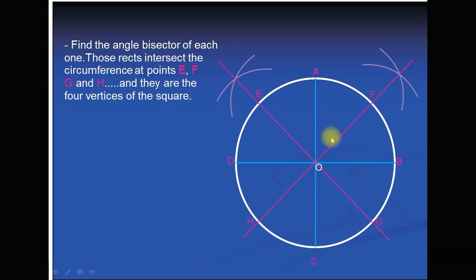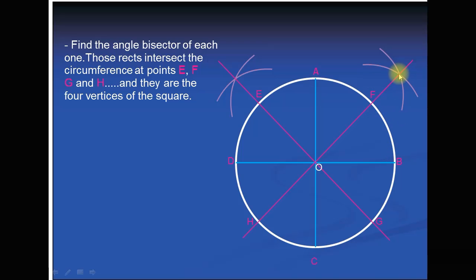Similarly for the other angle, draw the angle bisector of this 90 degree angle. Open the compass about some radius, and the radius will be greater than half of this arc. Put the compass at point A and draw this arc, and then put the compass at point B and draw another arc.